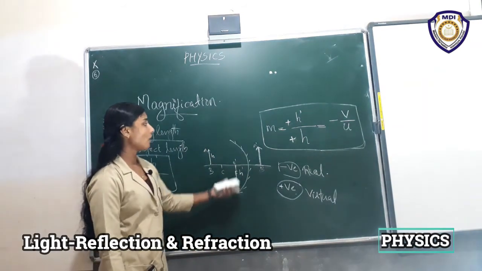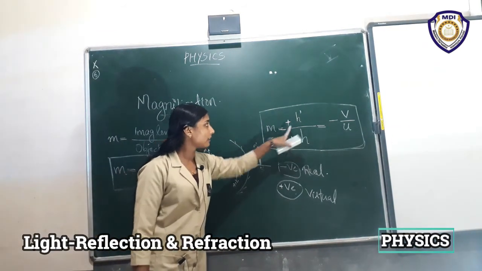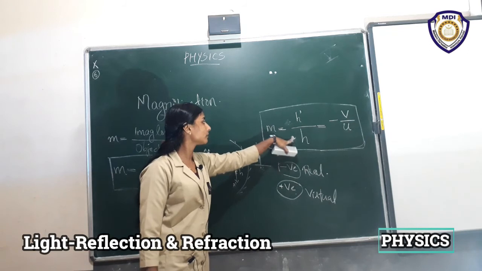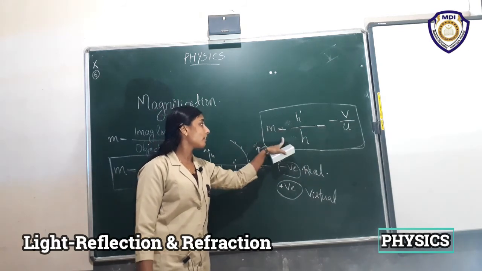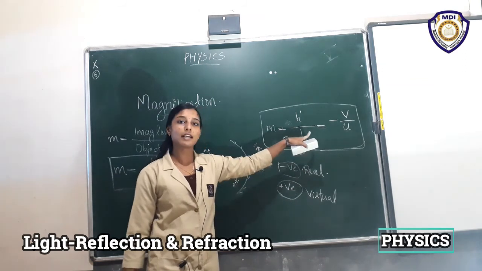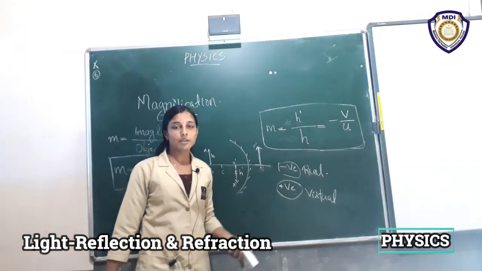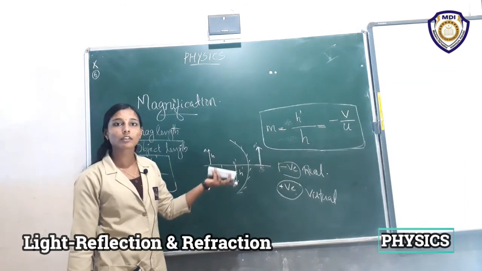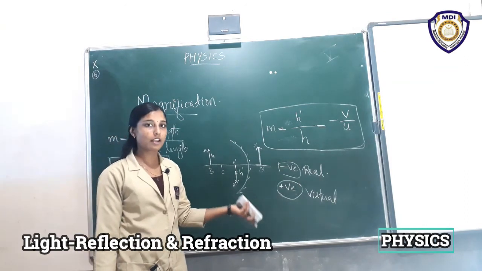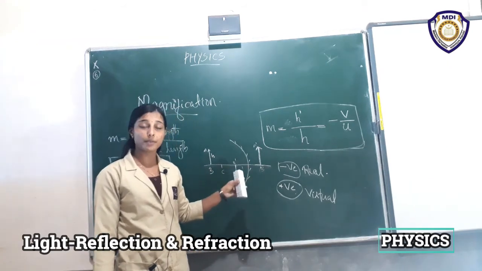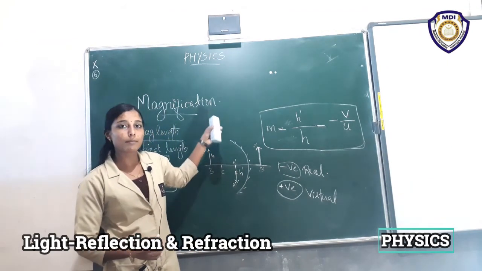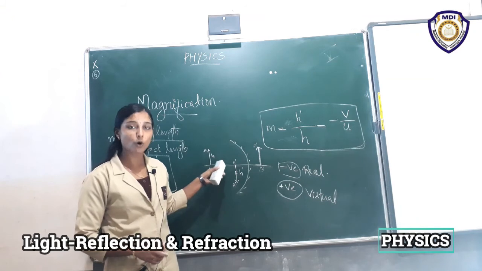So this is all about magnification. You should keep in mind the equation of magnification, as well as how magnification relates u and v, that means object distance and image distance. M is equal to minus v by u, and m is equal to image height divided by object height.